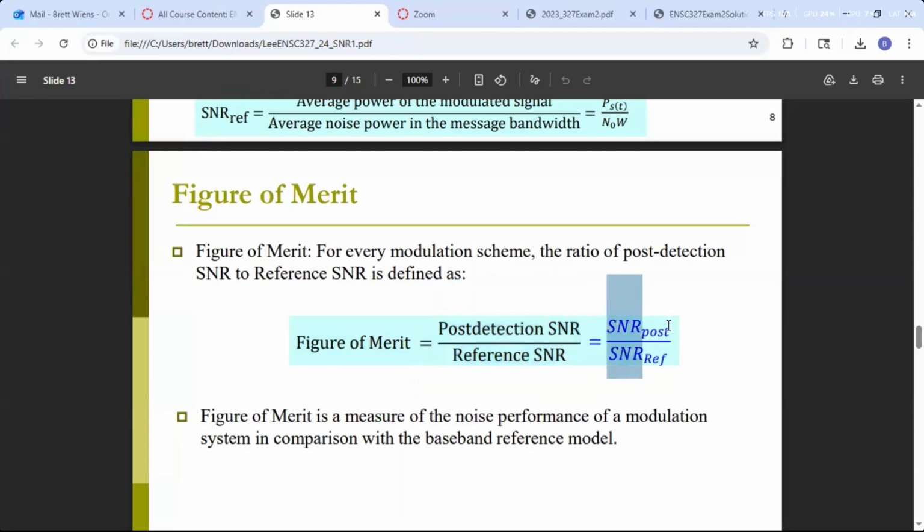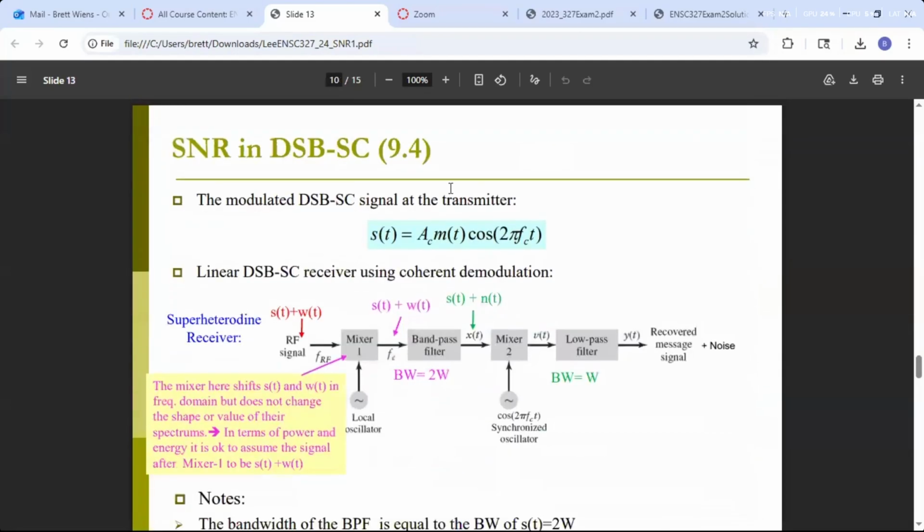So that's actually going to be basically the ratio of our demodulated message signal power to our demodulated noise power, right? So that's the harder thing to find, of course. That's what all of these slides are kind of talking about. But mostly it's not super likely you'll be responsible for lots of the derivation. You might have to struggle with it a bit, but it's the equations that really matter.